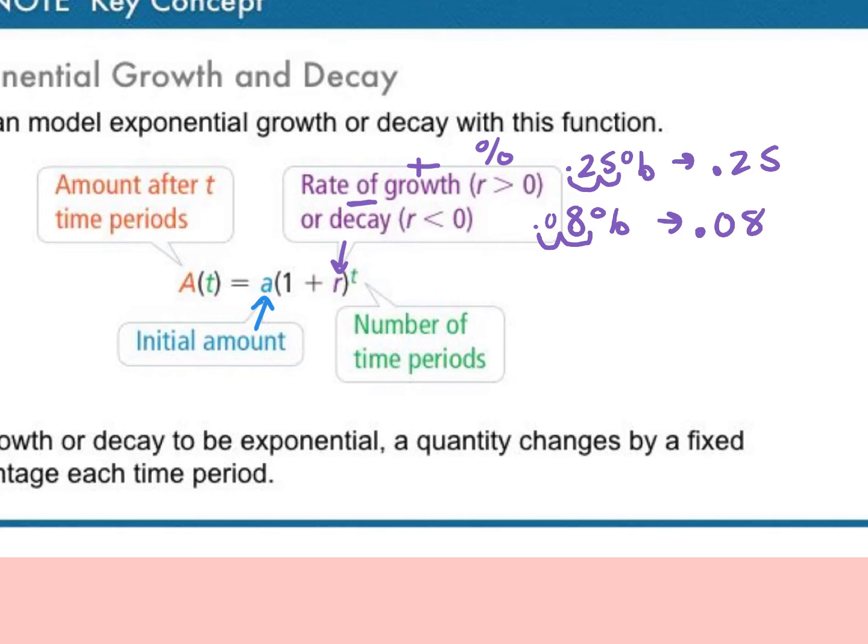So that's our rate, R. It's always the decimal version of it. And then T is that thing in the exponent, and it's the time. Usually it'll be years, but there's an example from the homework that says hours, so it's the time.